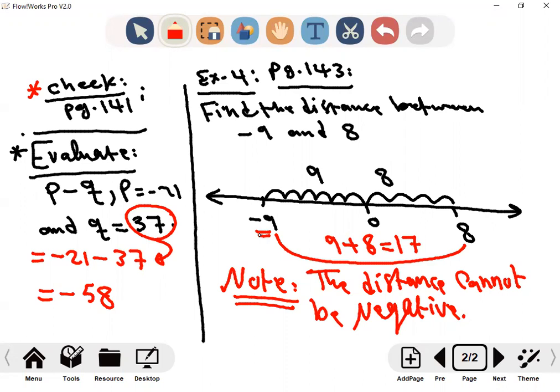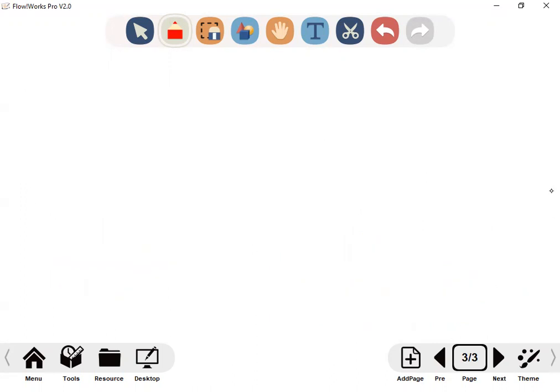Let's take another example. But I will write for you a note for the absolute value. What's the absolute value? Focus here.